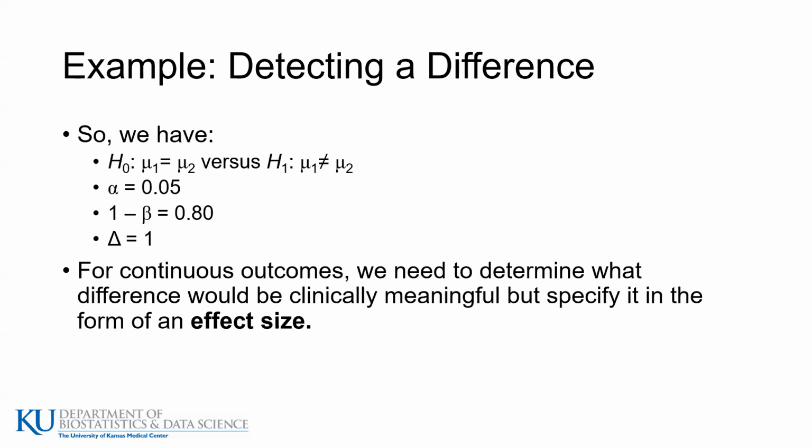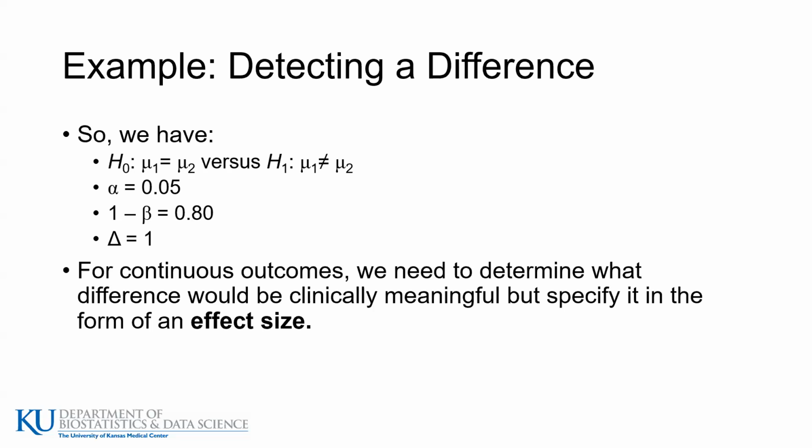So our hypotheses in this case are going to be the null hypothesis that the two means are equal versus the alternative that they're not equal. And then we set a significance level of 0.05, and then a power of 0.8, and then a delta or an expected effect of 1.